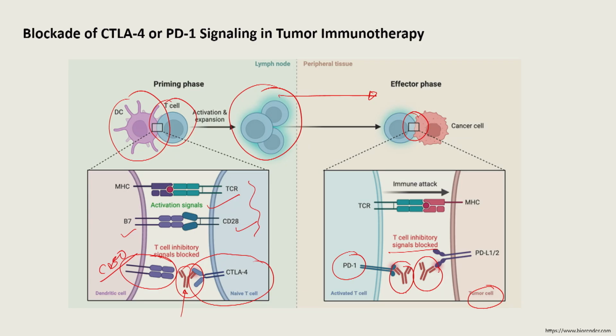In the central, we have to block the binding of CTLA4 to the B7 molecule by an antibody, and in the same way, in the effector phase, when there is a peripheral tissue, we need an antibody which can block PD-1 binding to the PD-1 ligand, which is basically important for inhibition of the T cell proliferation in the cancerous cell.